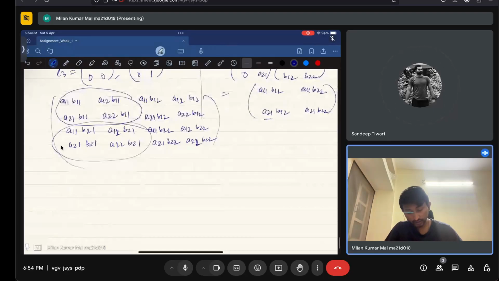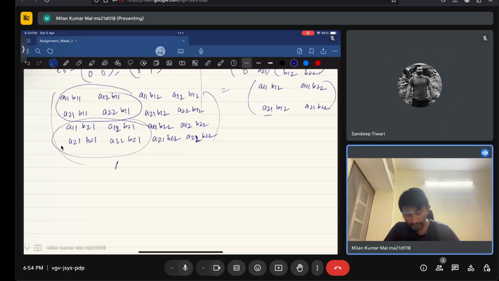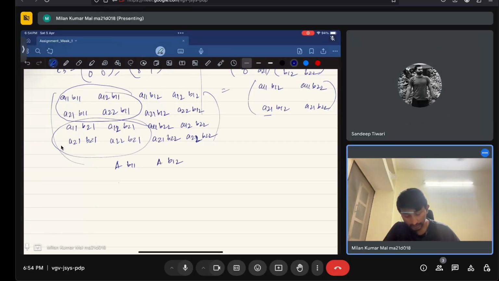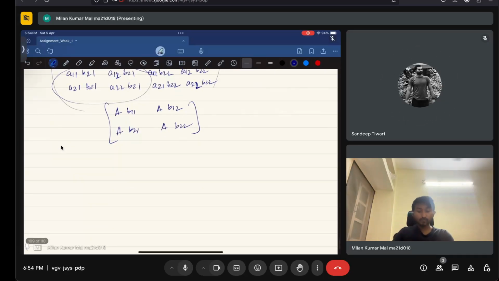So this will be something like A multiplied with B11, A with B12, A with B21, A with B22. This is the matrix, right? Now you know that for determinant the block one is also going that way, I think.